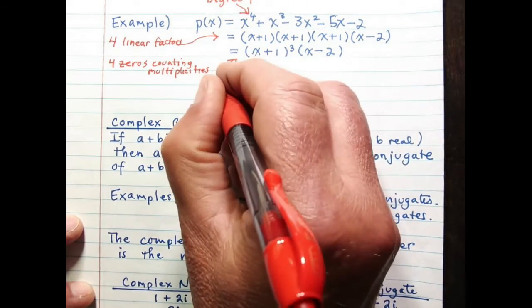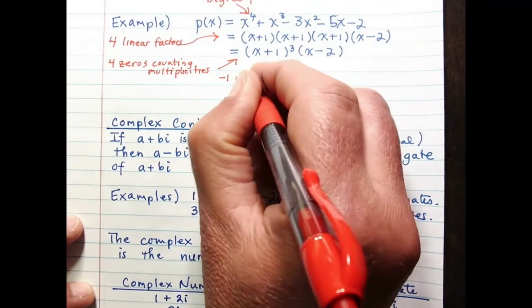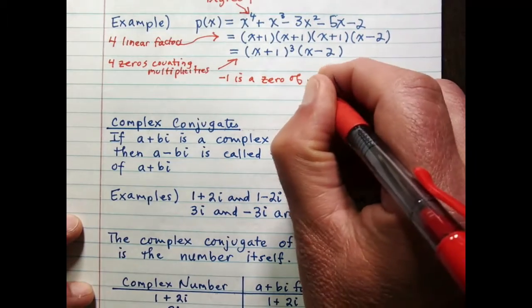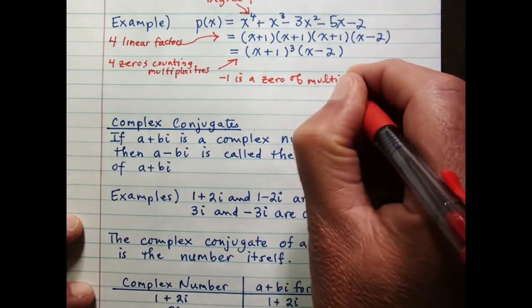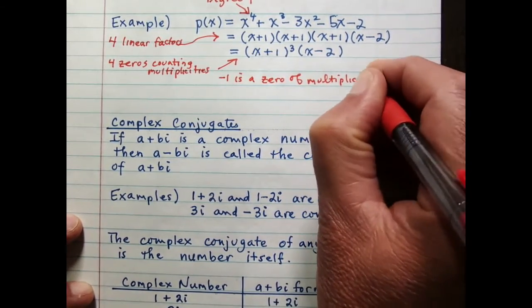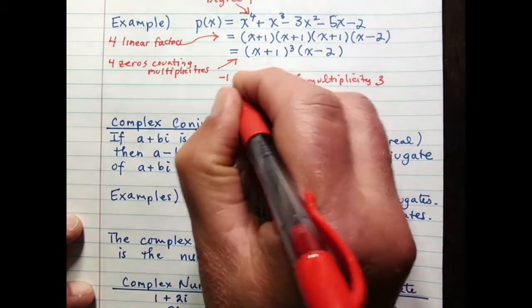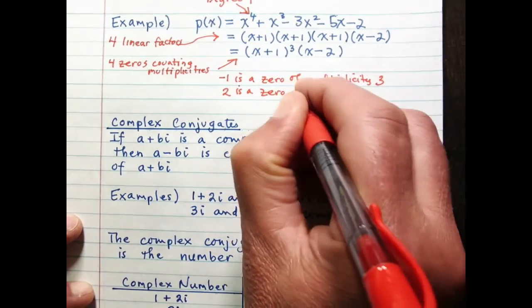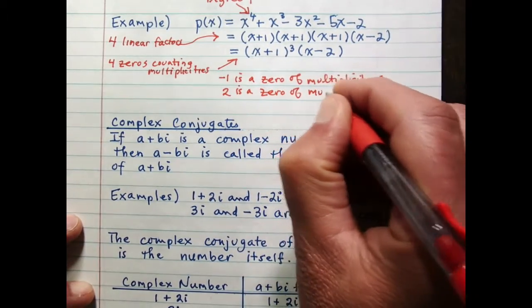But see, -1 is a 0 of multiplicity 3 because it occurs to the 3rd power. 2 is a 0 of multiplicity 1.